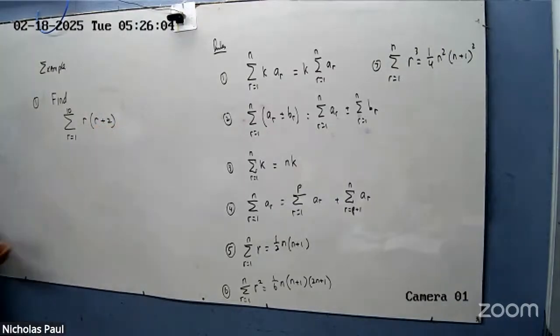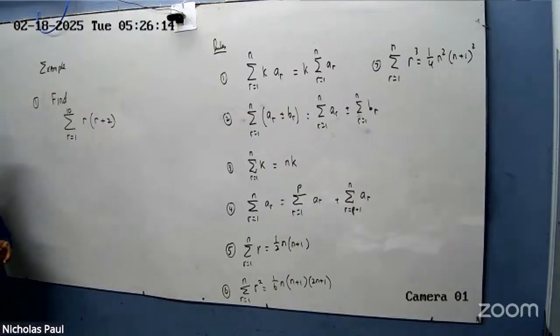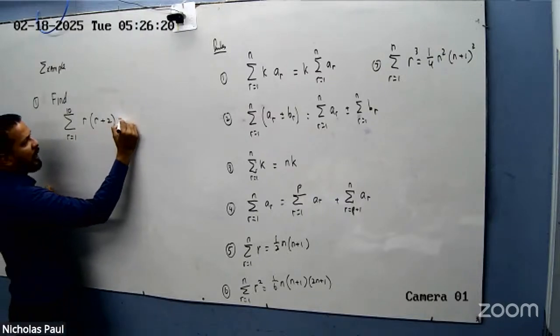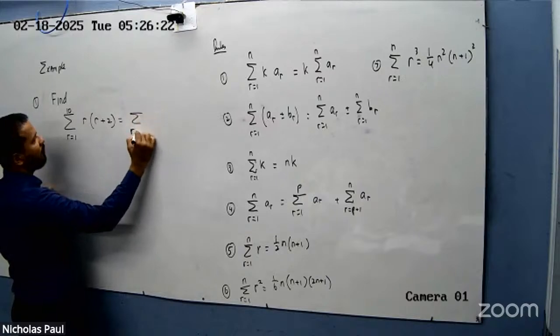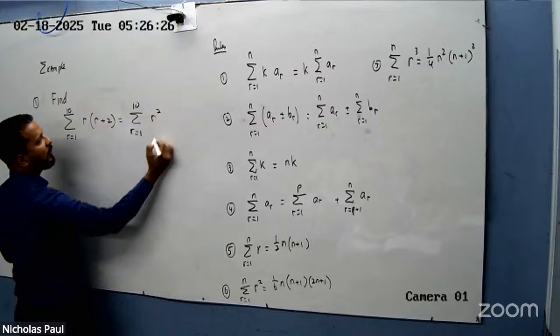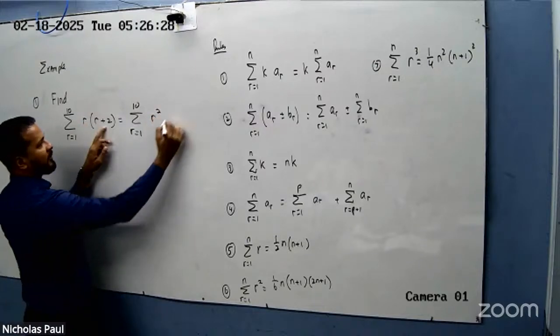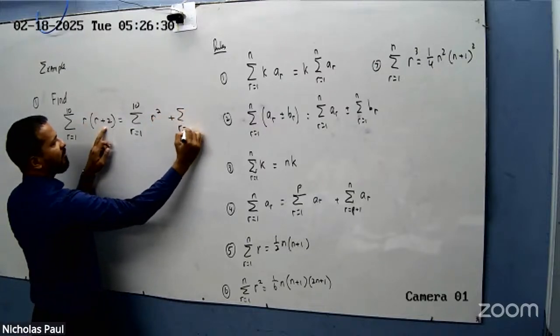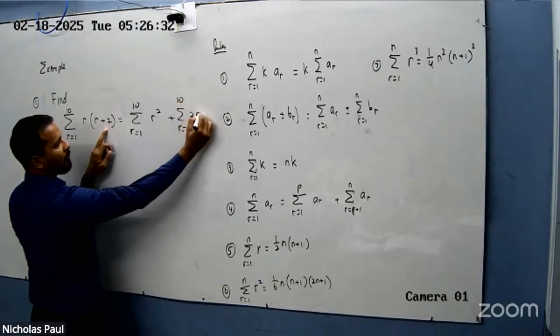How would you work this out? Which formula will you use? Before you do it, we can probably expand it out. Then you get r squared plus the summation of 2r.